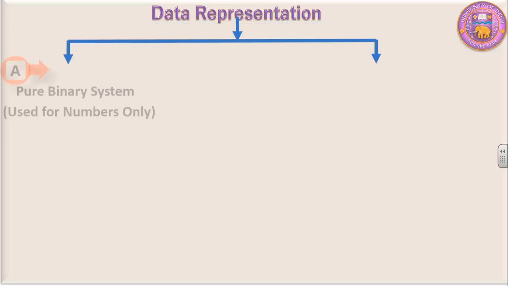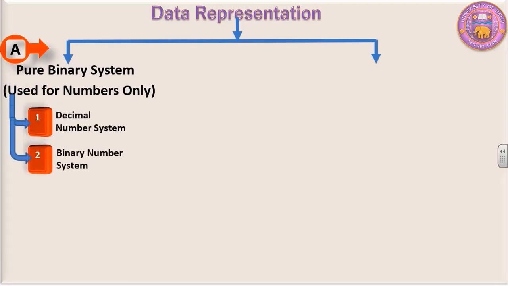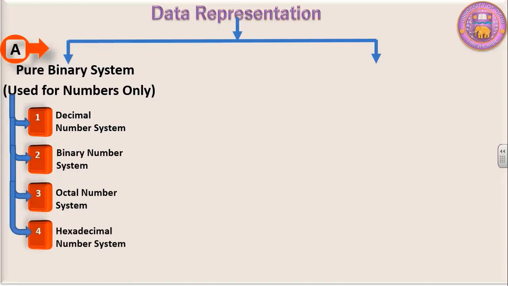The data representation can be made in two ways. One is pure binary system, which is used for numbers only. Like we have decimal number system, binary number system, octal number system, and hexadecimal number system. These are the four pure binary number systems.